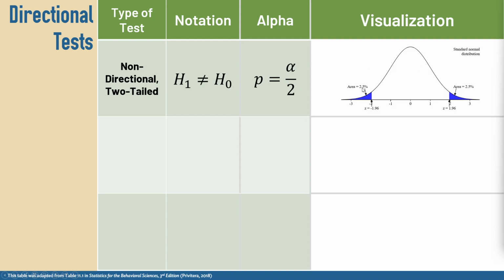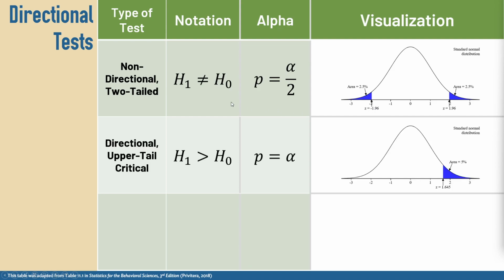In other words, here we'll have 2.5%. If our alpha is 0.05, we'll have 2.5% in this region and 2.5% in this region. These visualizations are specifically for a z distribution. And you can see that an alpha of 0.05 in the z distribution corresponds with z plus or minus 1.96.